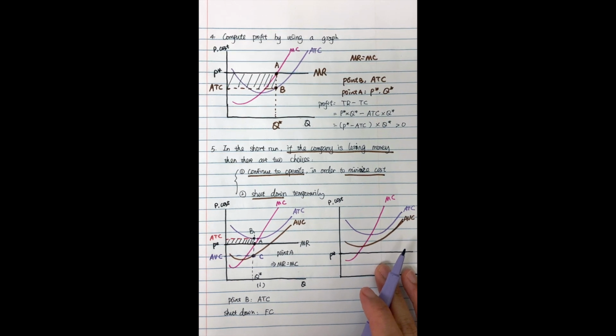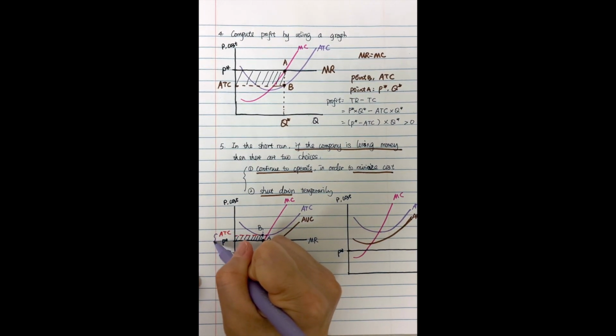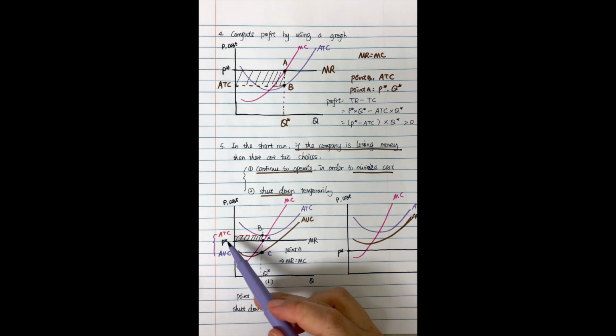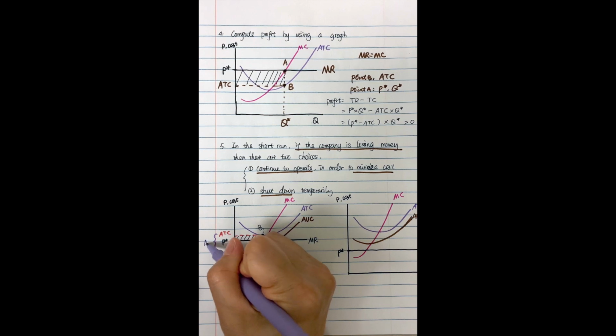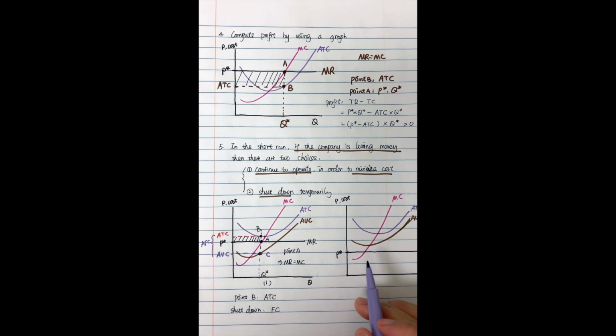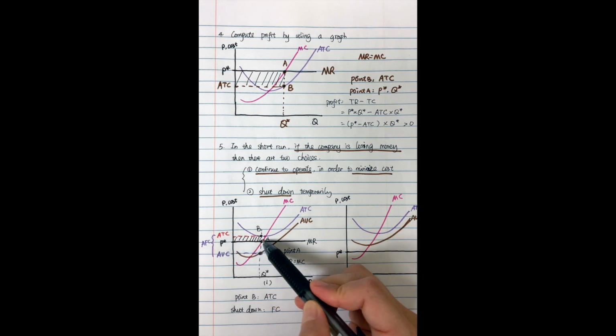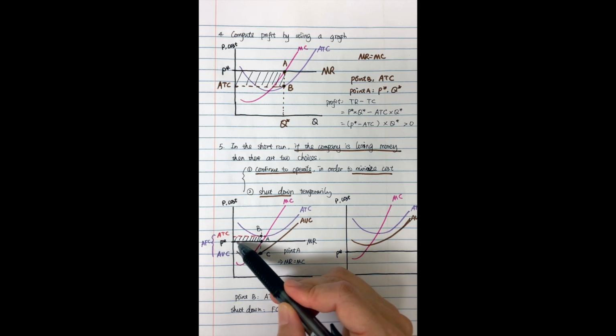And then you might notice the difference between average total cost and average variable cost would be average fixed cost, right? So you can notice if the firm chooses to operate, the loss will only be this area, this rectangle.